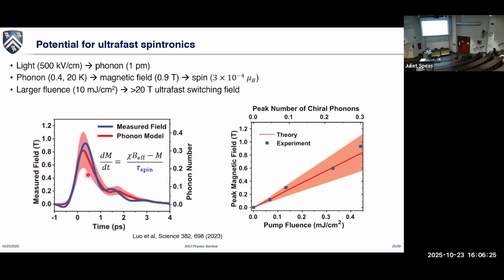So first we can manipulate a pretty big field in picoseconds, and hopefully by choosing material parameters, you can have longer and shorter times. Actually, in the same material, we can find other phonon modes that live hundreds of picoseconds instead of one picosecond. So there's some tunability, but also importantly we are able to get the Tesla field.